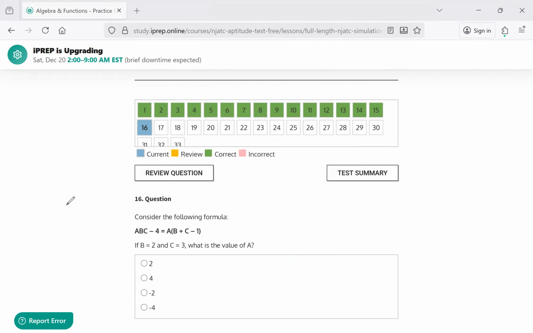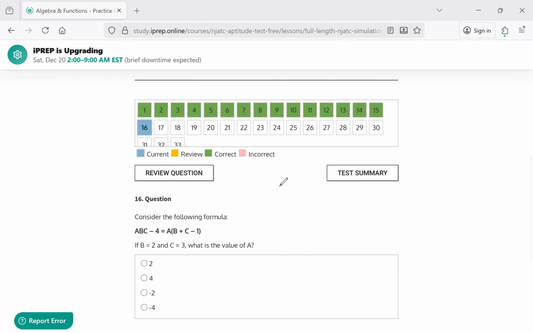Okay, 16, consider the following formula. ABC minus 4 equals A times B plus C minus 1. If B equals 2 and C equals 3, what is the value of A? So this one, it's really simple. It's not a linear equation. You just plug in the values and solve for A. So let's do that.